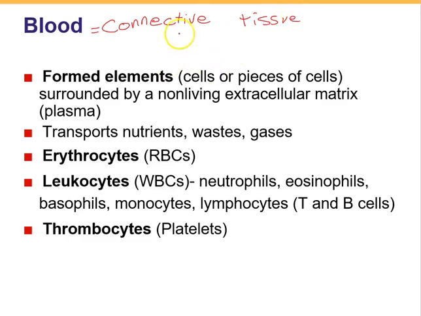Do you remember we defined cells and extracellular matrix for connective tissue, right? Like for dense and loose connective tissue, the cells can be fibroblasts, macrophages, mast cells, and the extracellular matrix is composed of the ground substance and fibers. But what about the blood?